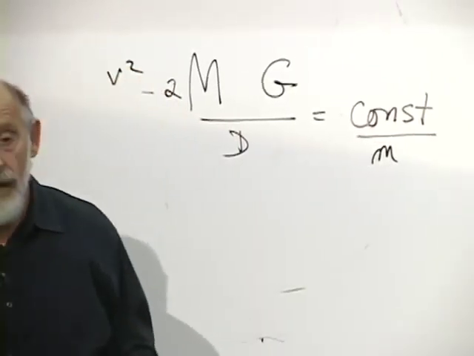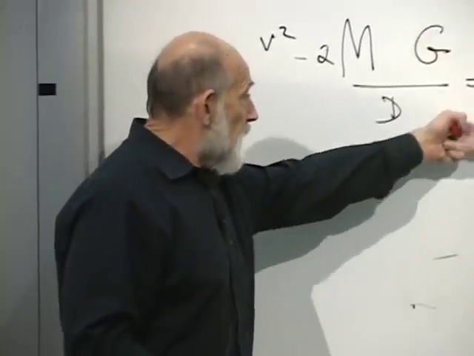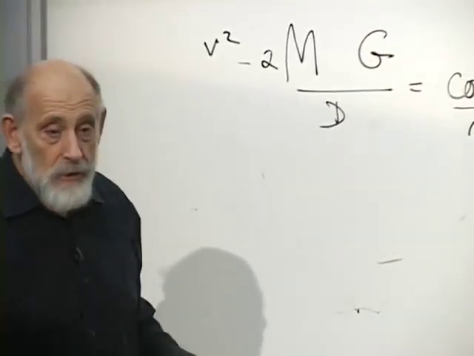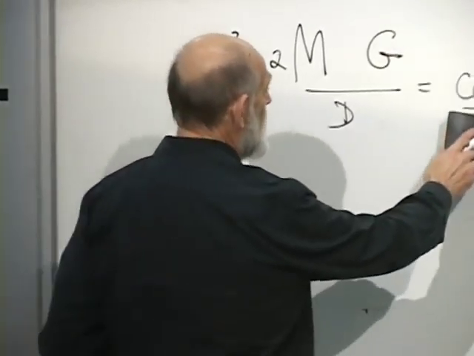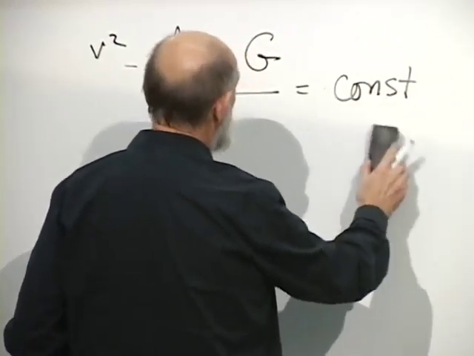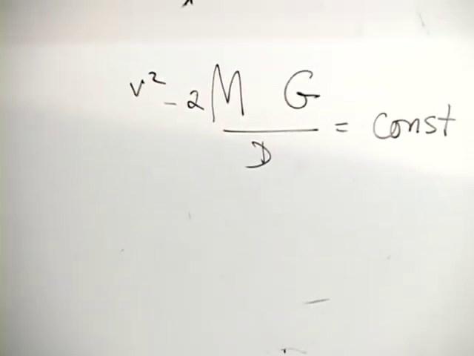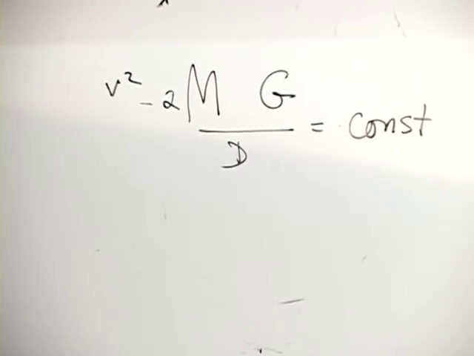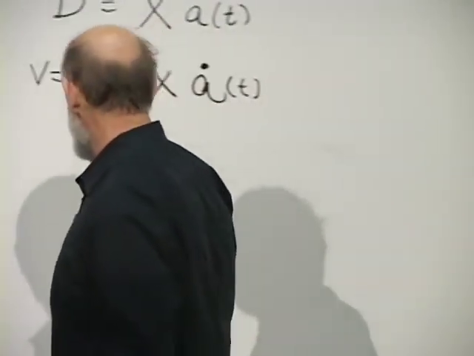A constant meant constant with time. What is a constant divided by m? It's also a constant, so I can just call it constant. I don't need to write constant over m. All I need to remember is that the left-hand side does not change with time. It's equal to something which is constant with time.